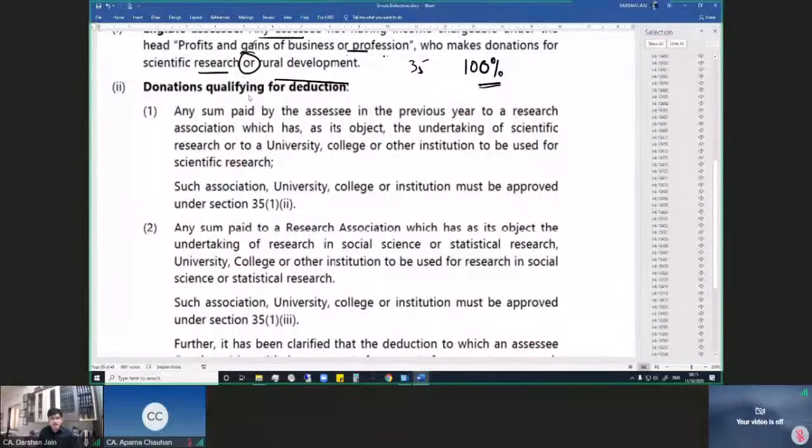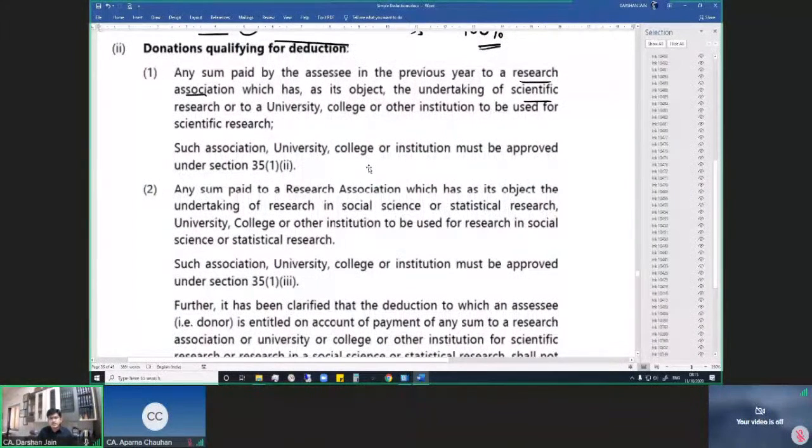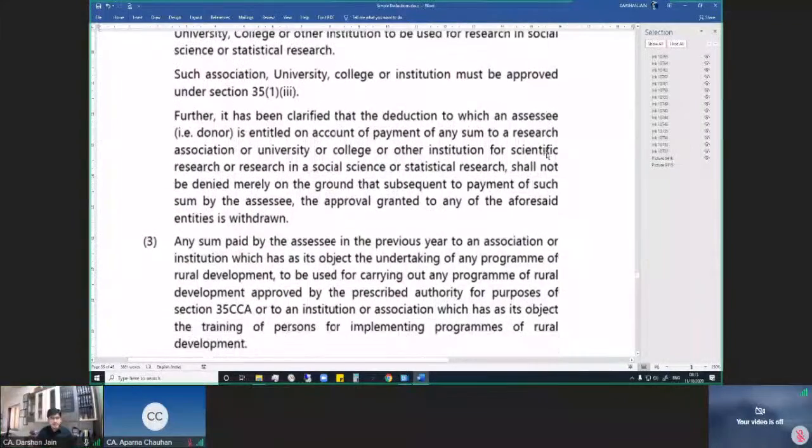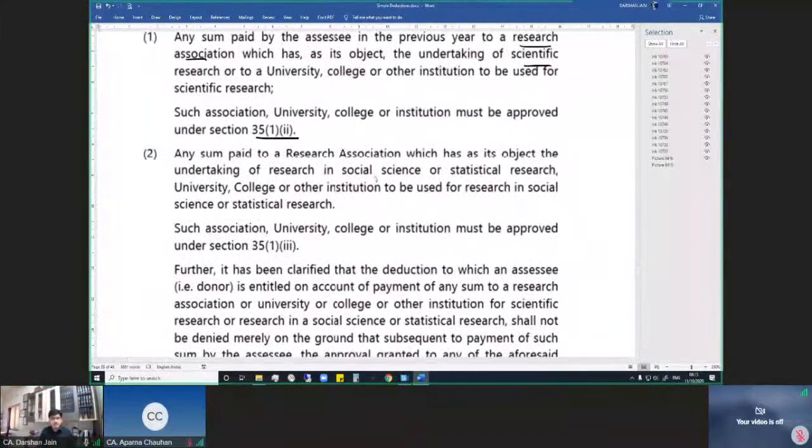Well, what qualifies for deduction? Any sum paid to a research association. So you're making payment for scientific research to a research association, college, or university approved under section 35(1)(ii). So very, very similar to what you have already dealt with under the head of PGBP. Then any sum paid to a research association for social sciences or statistical research, even social sciences and statistical research is covered, provided it is approved under 35(1)(iii).